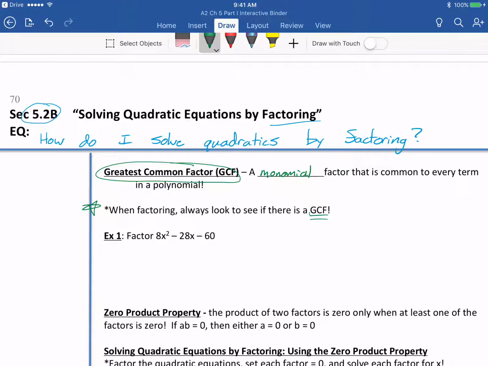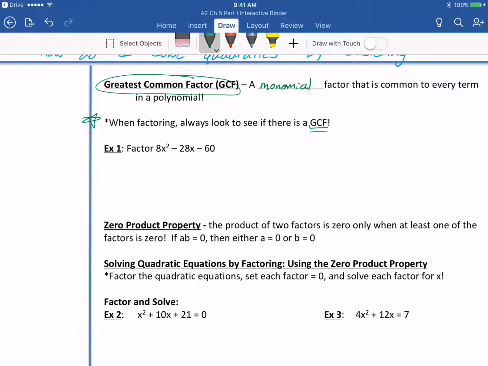All right, so here, if we look at example number 1, we have to look, what can I factor out of this, and how do I factor it? Before, we'd take 8 times 60, multiply that, put that in the top of the diamond, and go. But now I can see that 4 goes into 8, 28, and 60. So I'm going to factor out a 4.